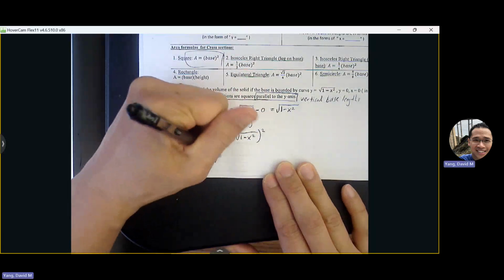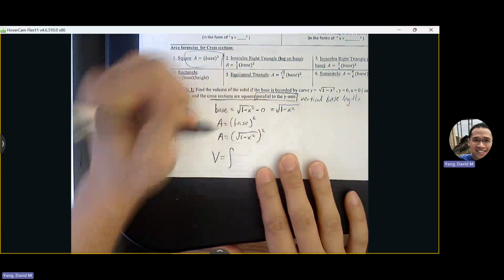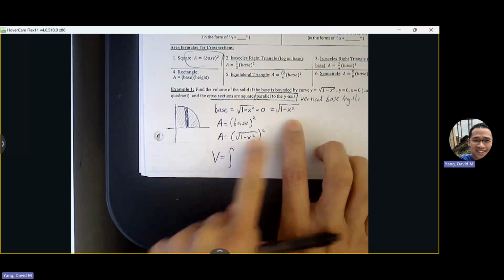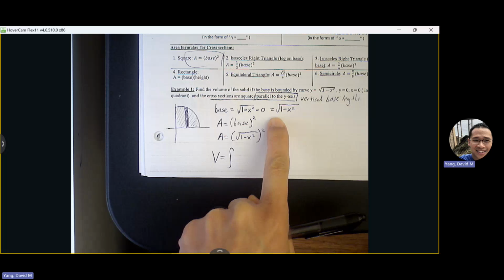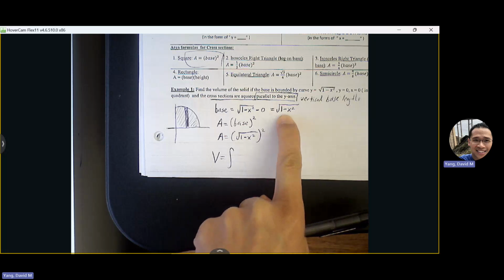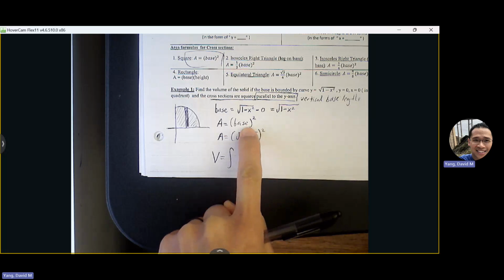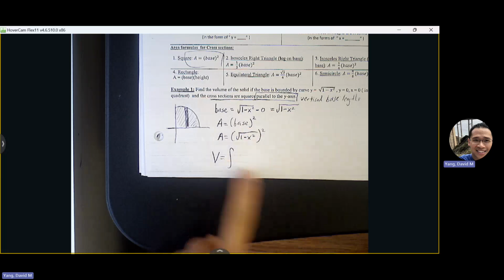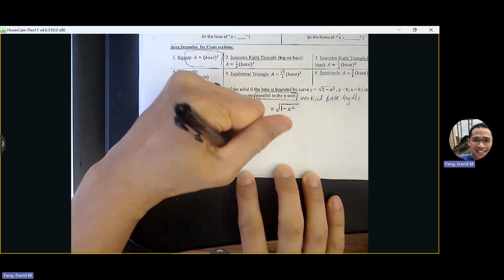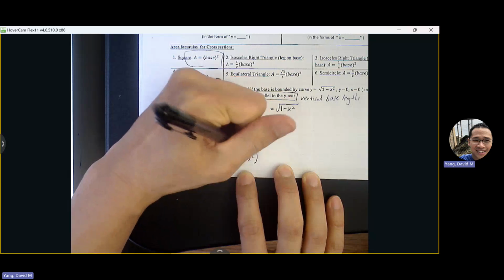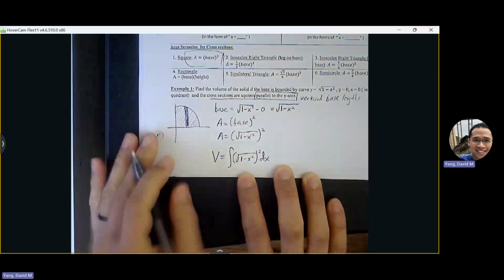So now our volume is the integral from, and all we're doing is building everything up in dimensional stages. We start off with one-dimensional information, then two-dimensional information, and then the integral will give it that third dimension for us. So root 1 minus x squared, dx.